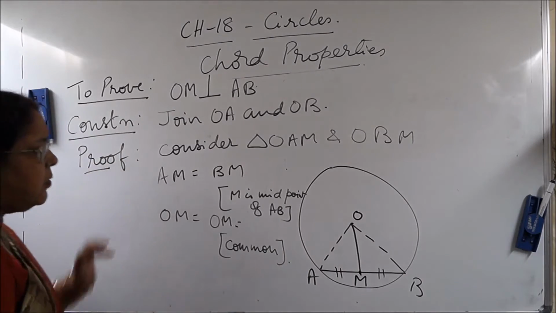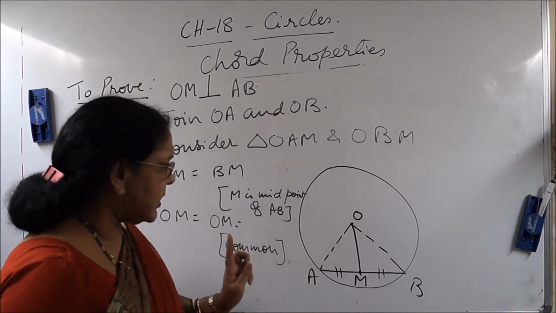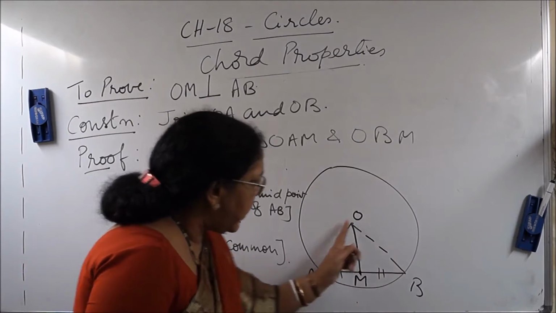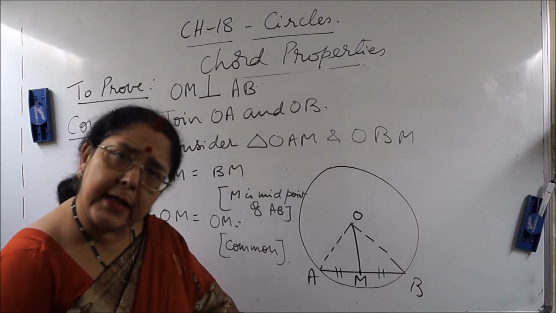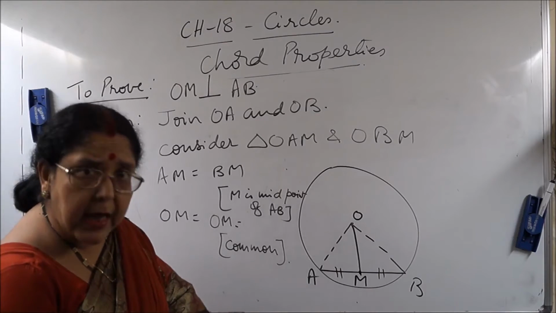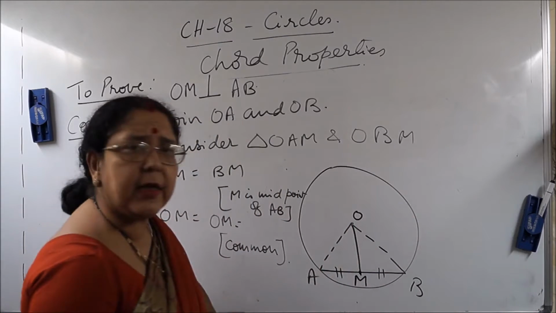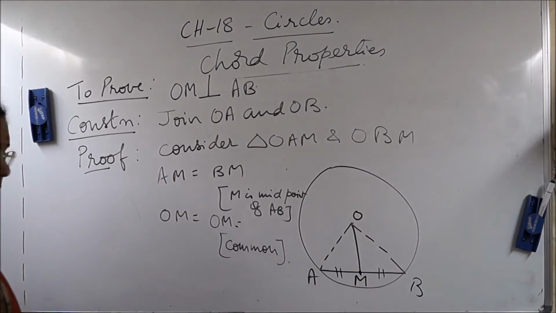Now, A and B are any two points on the circumference of the circle. So OA and OB are the radii of the circle. Radii is plural, radius is singular. So OB is a radius and OA also is a radius of the same circle. So they both are equal.